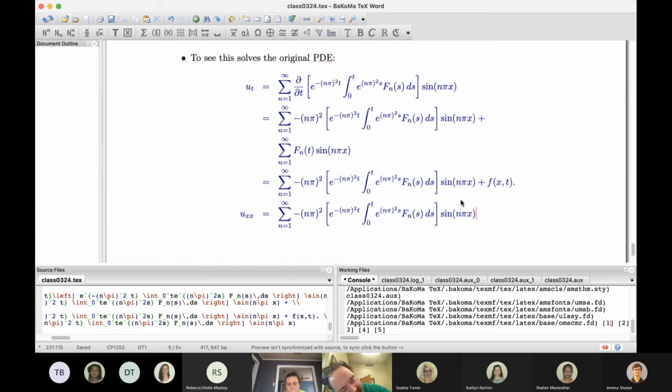And I already mentioned how it satisfies the initial conditions. For boundary conditions, plug in x equals 0 or 1, all the sine terms will be 0, so it certainly satisfies the boundary conditions. All right. So, questions about what happened here with either usage of superposition?